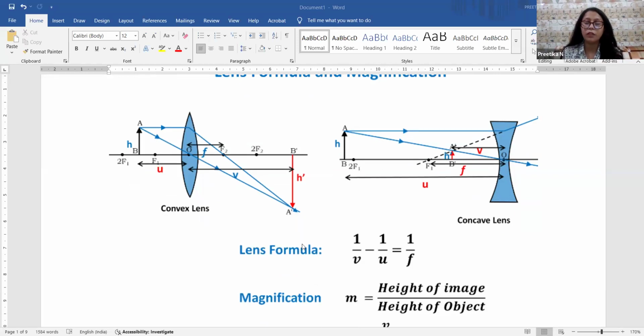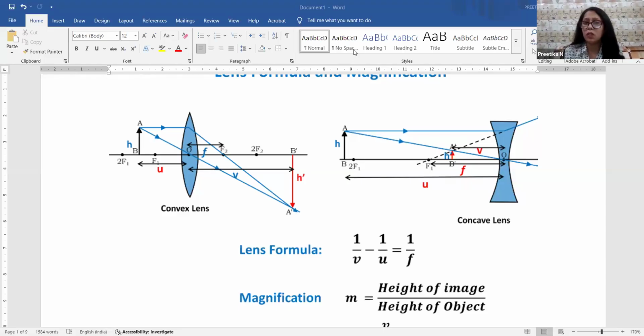Look at the formula, observe, and tell me what is the major difference between this and the mirror formula you have done with me. Yes, Vidhi, speak up. You people haven't done the mirror formula with me?